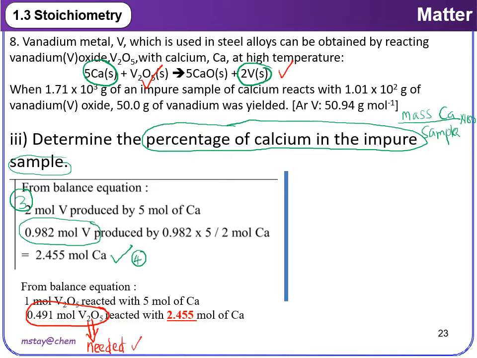Okay, we cannot substitute the number of mole given. Because in this case vanadium 5 oxide is the excess reactant, so we have to use the number of mole needed, not given.